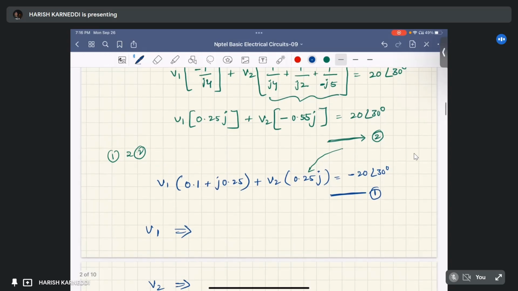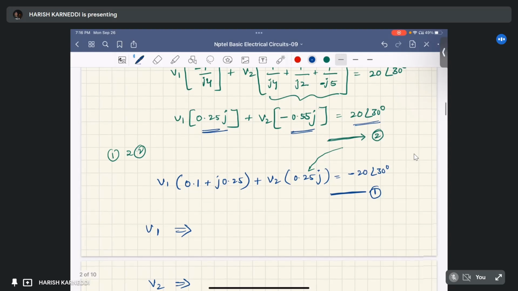For equation 2, the coefficients are 0.25J and minus 0.55J, equal to 20 at an angle of 30 degrees.